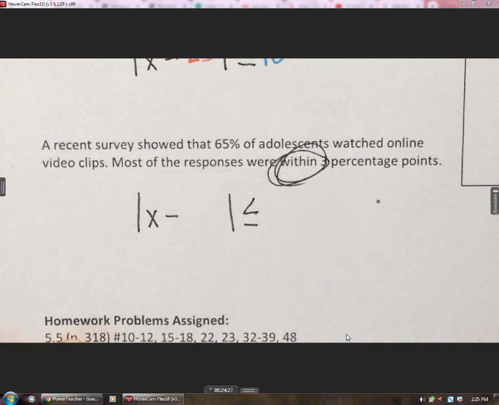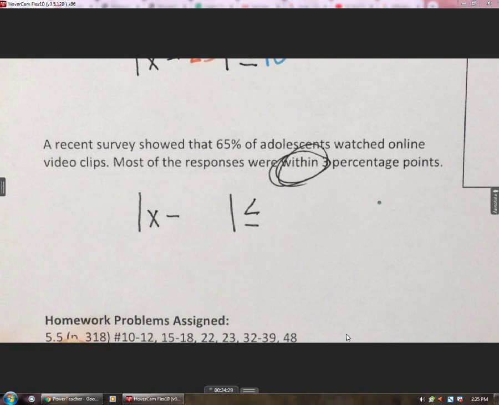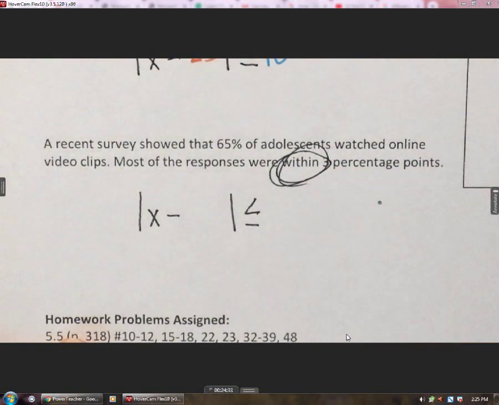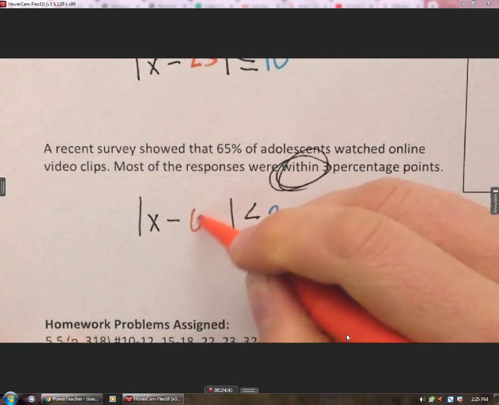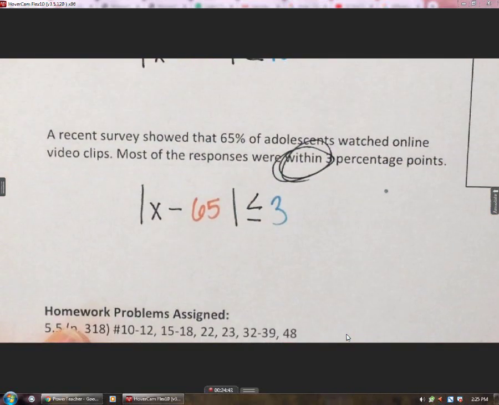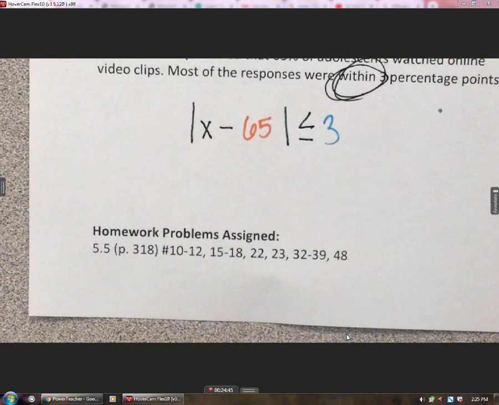It's probably higher than that now. Most of the responses were within 3 percentage points. So what's the 3 going to represent? The distance. That's usually pretty easy to find. So that means your other number would be 65, yep. And the midpoint. There's your homework. Lots of time.